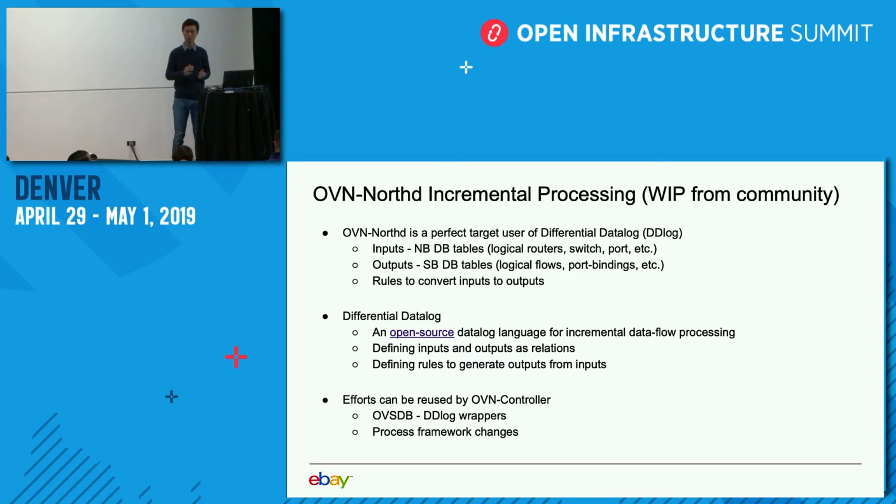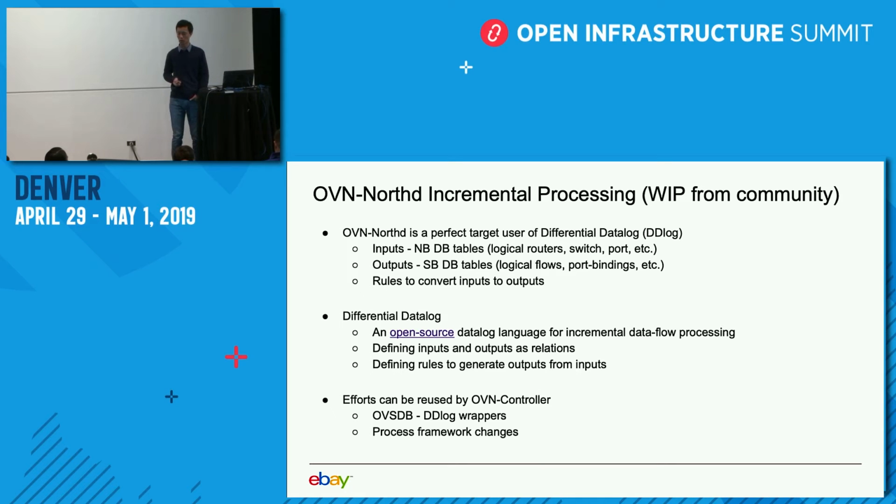And then you define the declarative rules for how to convert the inputs to the outputs. It's a very straightforward approach for something like northd, because it also has the same structure: input, output, and rules to convert into output. The output is the logical flows, basically. So the effort can actually be reduced for the OVN controller, I think.